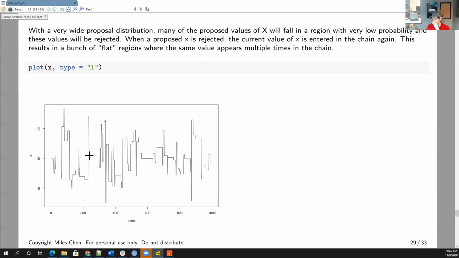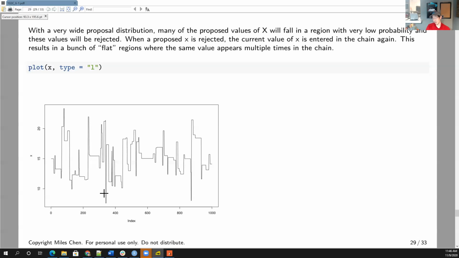The proposal distribution proposes values anywhere from plus or minus 50, so if I'm centered at 15, it's going to propose values from negative 35 up to positive 65. Let's say it proposes a value like 60. Is it going to accept a value like 60? No, it's not, because the target distribution basically says values should always be between about 6 and 24.